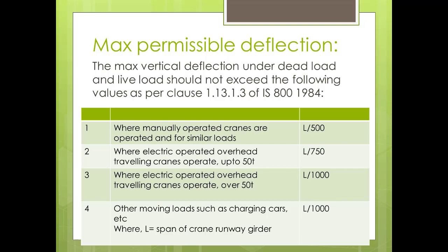The third one, where electric operated overhead traveling cranes operate more than 50 tons, we have L by 1000. Other moving loads such as charging cars, etc., we have L by 1000. Where L, what is L? L is the span of the crane runway girder.